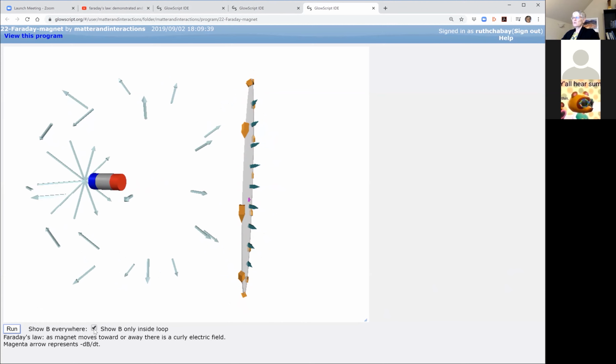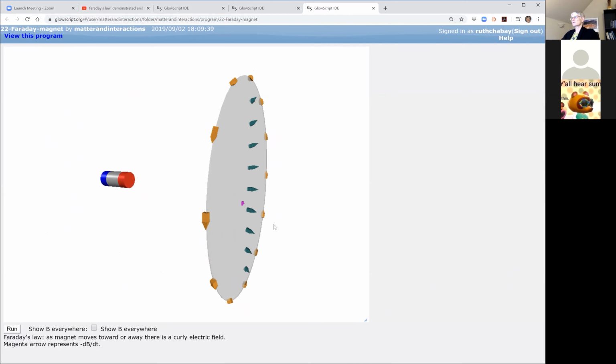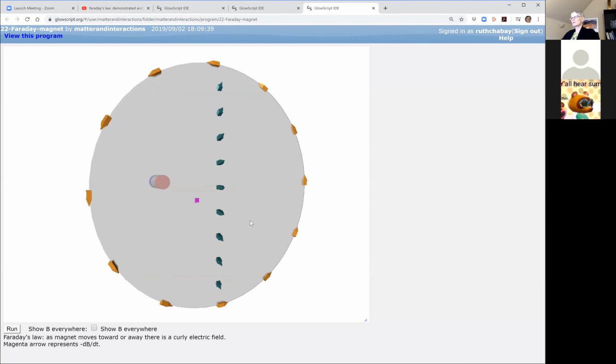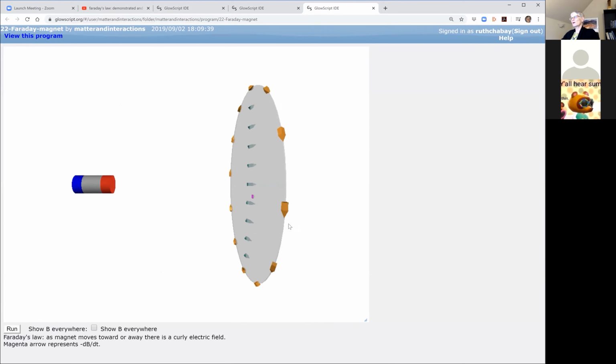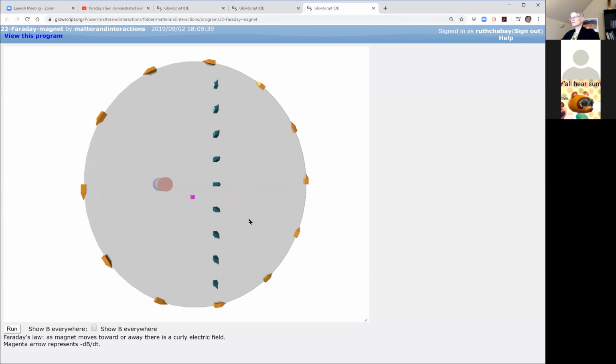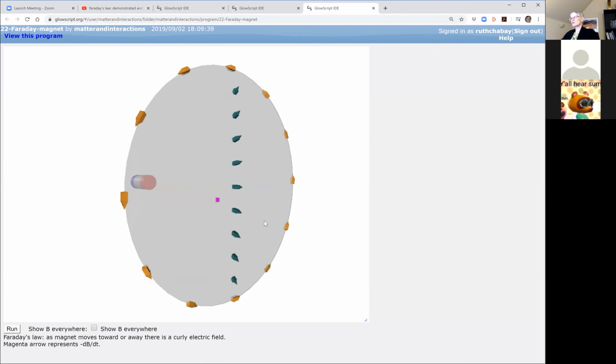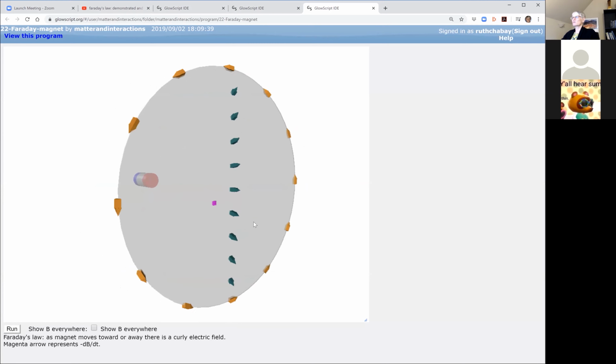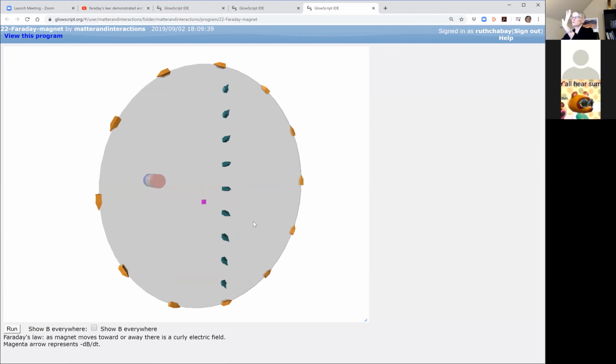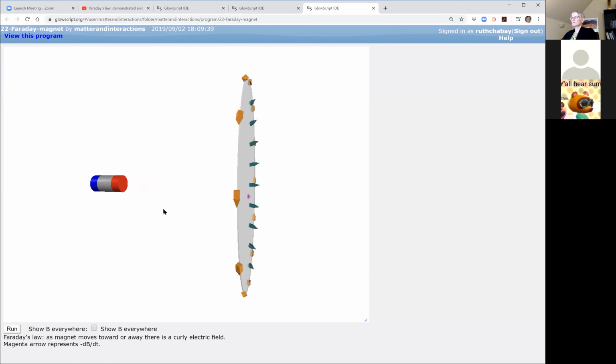Where we're interested in the magnetic field, though, is around this loop here, or rather on a surface that's stretched across a loop that we're drawing in space. So we're drawing another of these mathematical surfaces, but we're interested in the outside of the loop, and we're also interested in what's going on inside the loop.